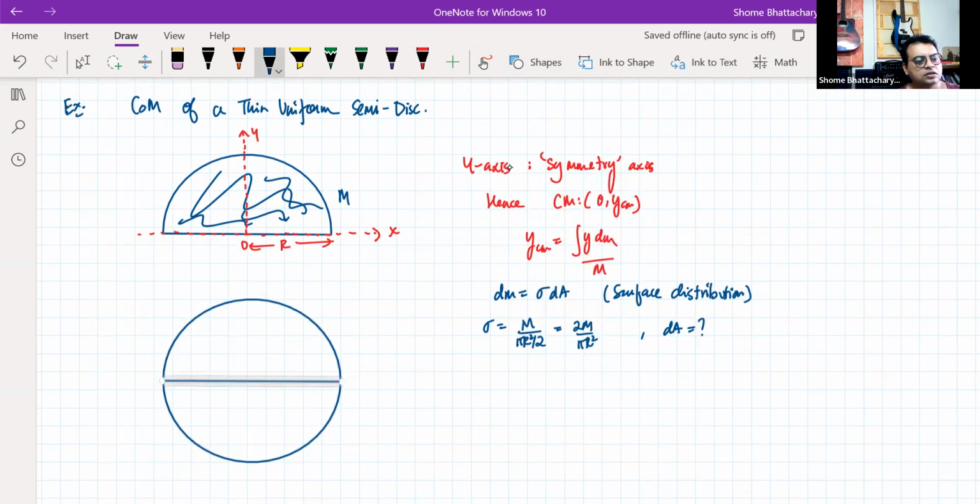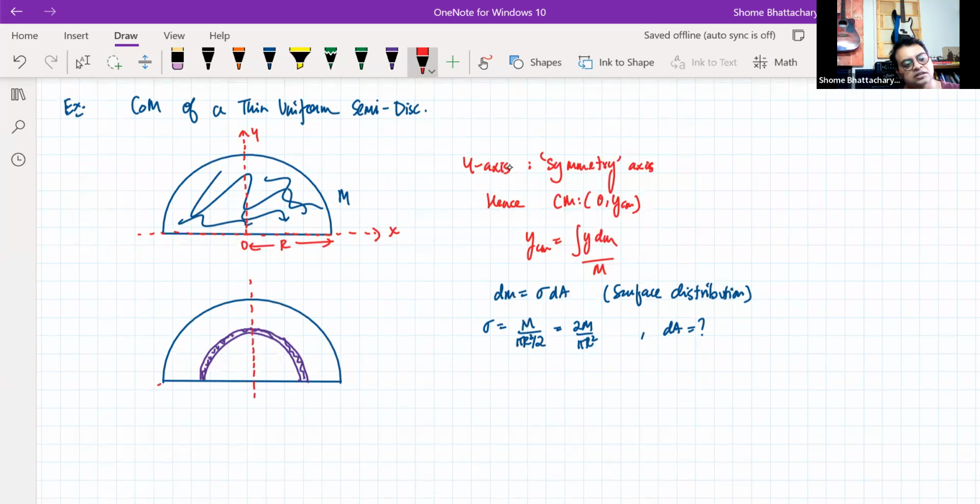So now imagine on this surface I'm slicing a thin semi ring like this. This semi ring that I've sliced, imaginary slicing that I've done, has a radius which is some variable.